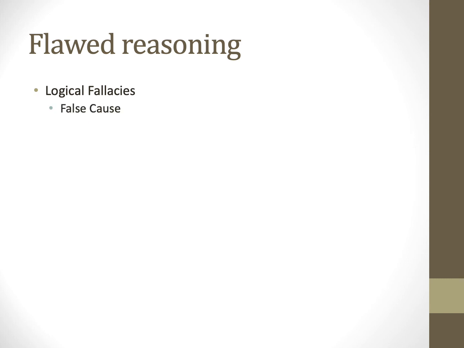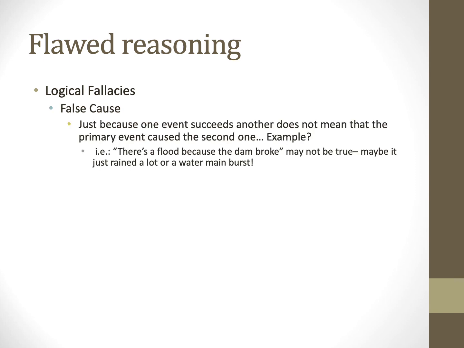False cause. Again, this is a problem where people take the data and they automatically assume that they know the cause, or that they cite the wrong cause. But more often than not, we can only show correlation because the data is not conclusive.